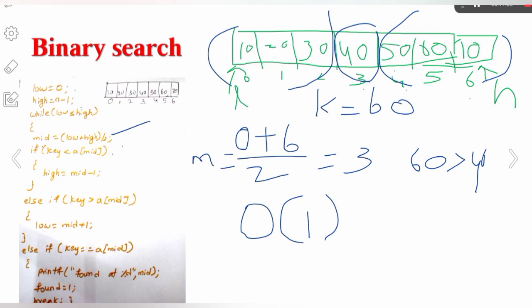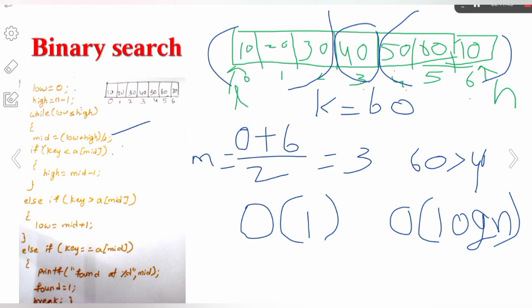And the average case and worst case of the binary search technique is big O of log n. That means if the key value is not equal to the middle element, then we have to divide the given array into two parts, and again divide the sublist into two parts, and so on until we find the key value.